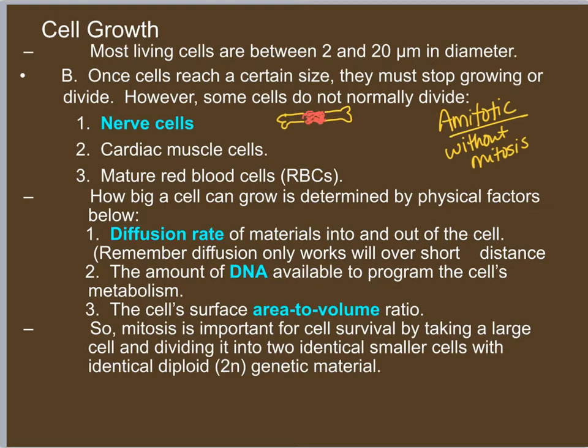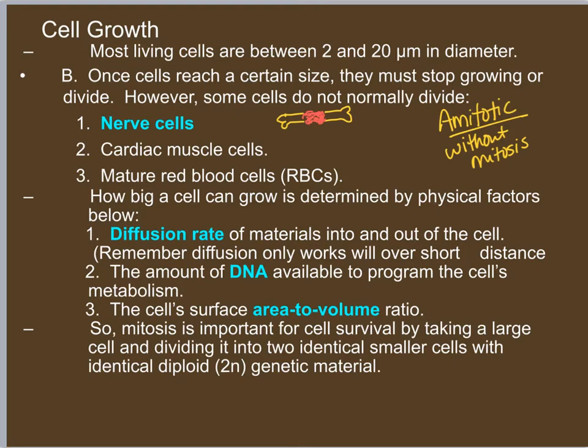And doctors, it's called medical practice because doctors don't always know for sure what's going to happen. But for the most part, they can usually tell based on the injury. So nerve cells are going to be one of those things that do not go through mitosis. Once it's dead or injured, that's probably that.